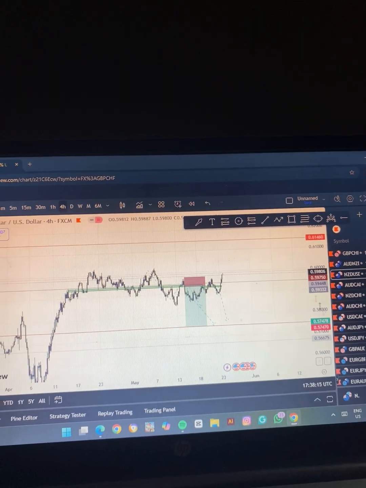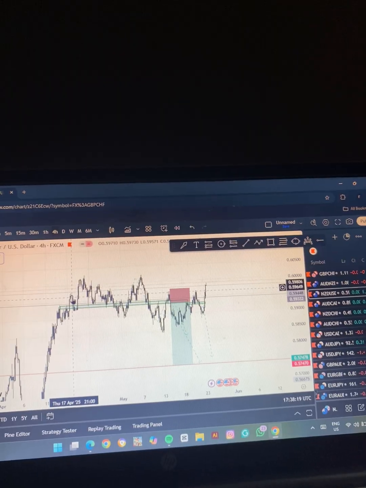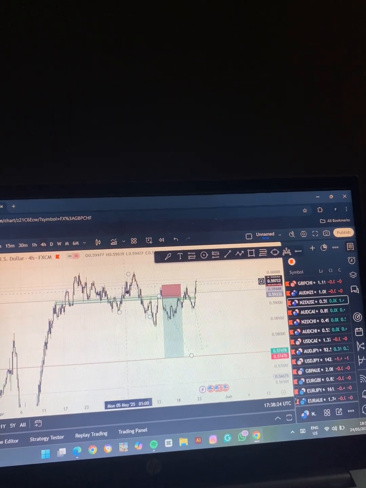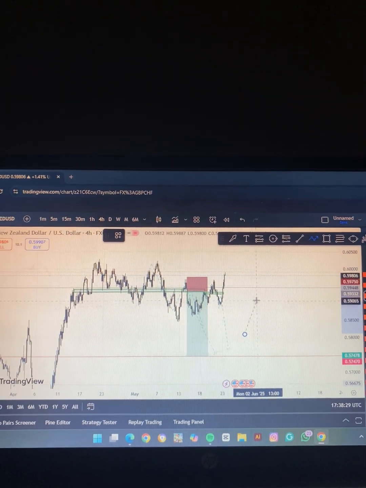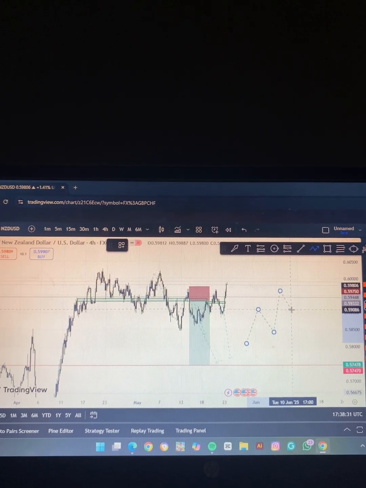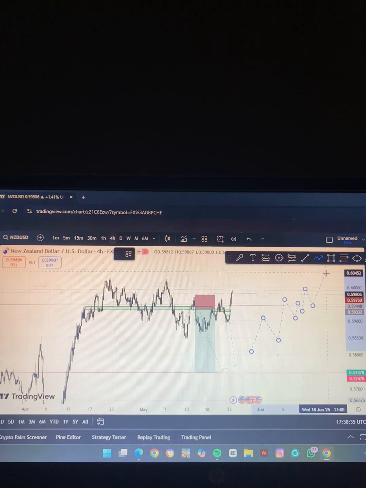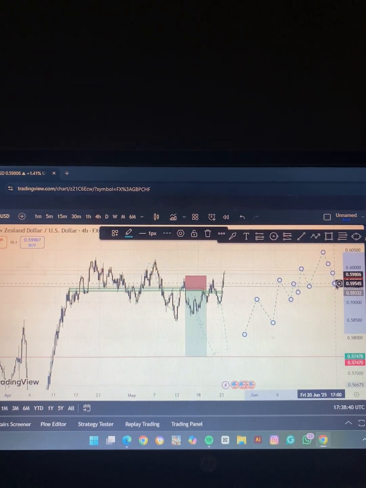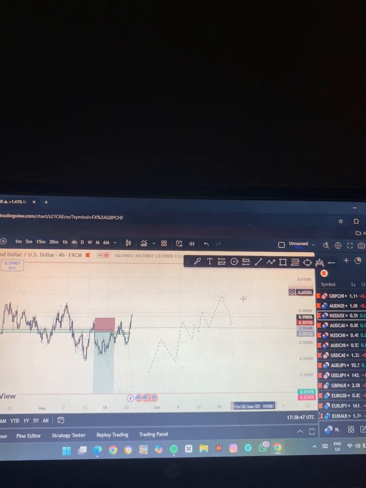So it triggered, boom. You can see it's still a valid trade, to be honest, because I'm trying to explain, if price does this and does this, it's still an uptrend. This small pullback it does here is still an uptrend, still bullish.